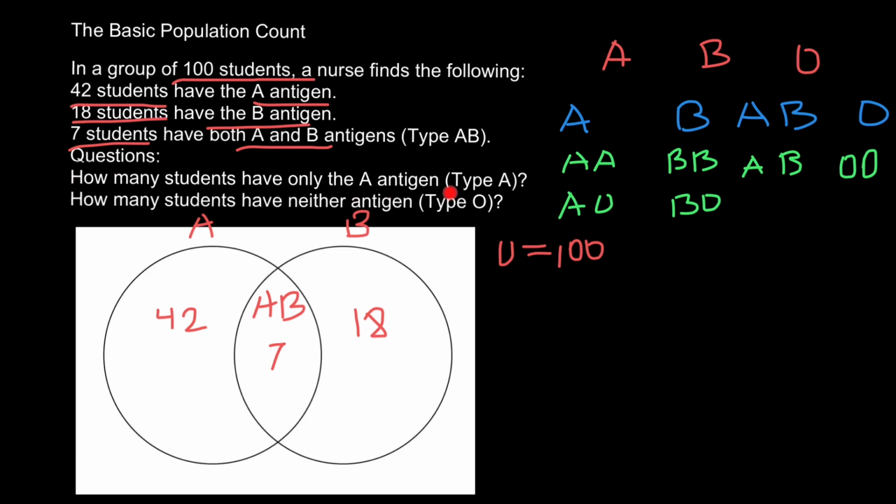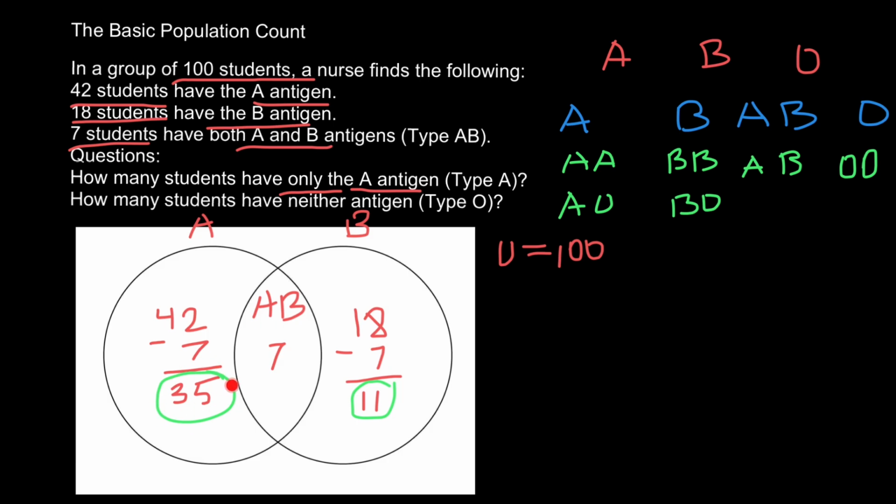So the first question: how many students have only A antigen? Take a look. 42 students have antigen A, but 7 of them also have antigen B. I want to underline that we're looking for only A antigen, so we have to subtract 7. 42 minus 7 gives us 35 students that have only antigen A. The same is true for the circle which represents antigen B. 18 students belong to this circle, but 7 of them also have antigen A. So those with exclusively B antigen is going to be 18 minus 7, which is 11.